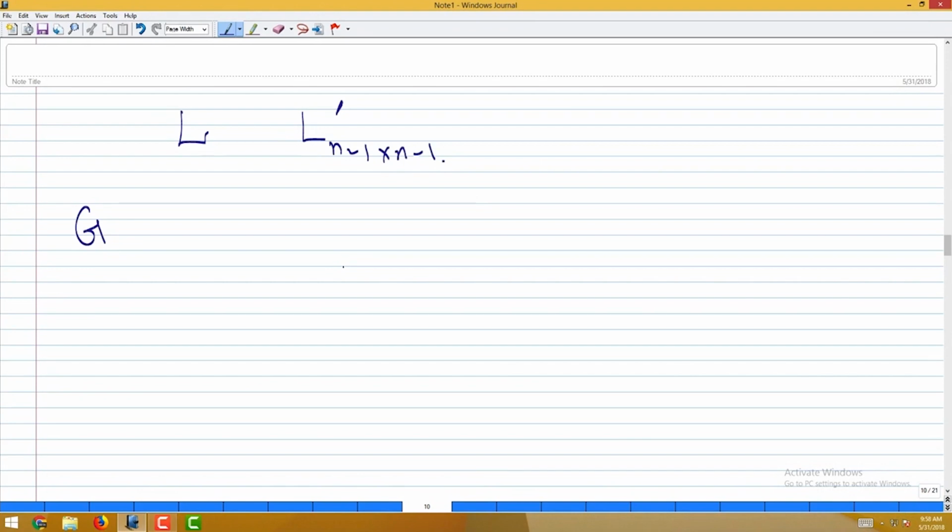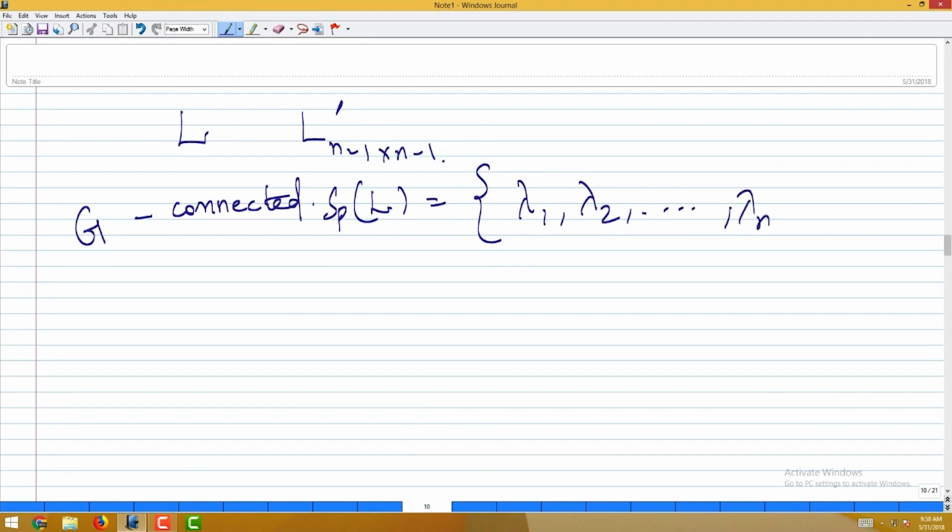We can in fact count this determinant, we know it already. So, if G is connected, we know the spectrum of L, let me also fix all these things, let our spectrum be lambda 1, lambda 2 up to lambda n minus 1, and since G is connected I will have a 0 eigenvalue.